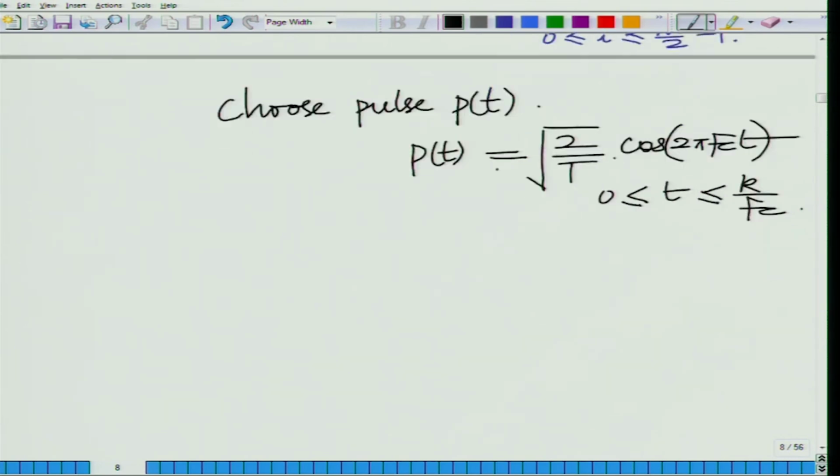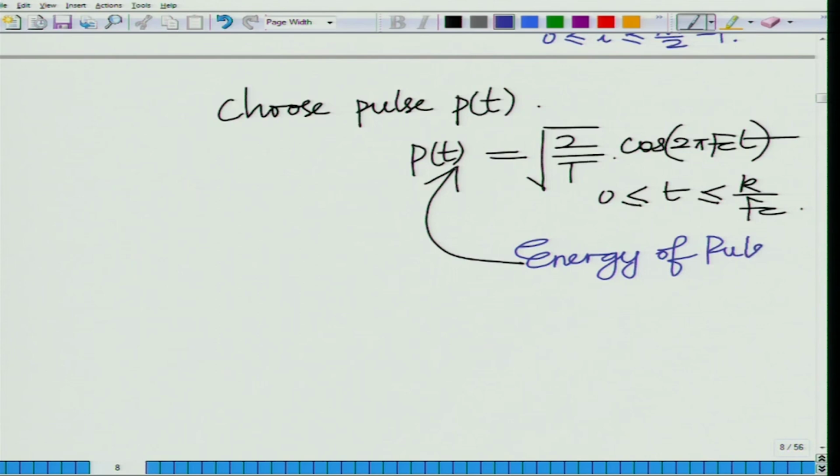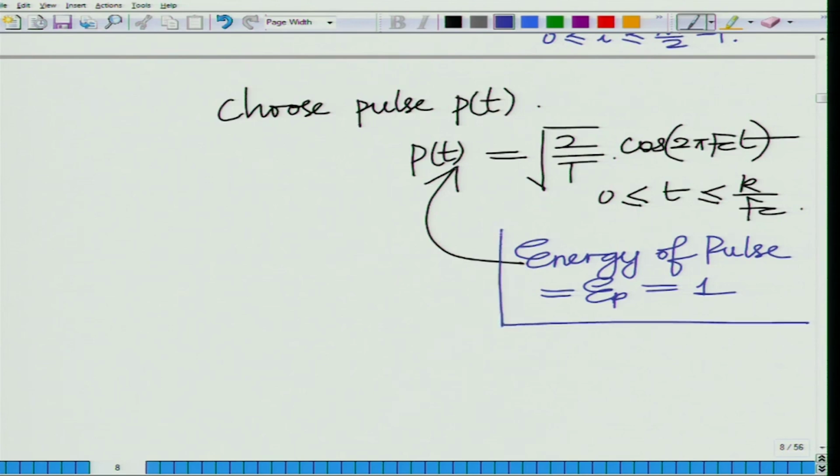We have seen that when you set the pulse like this, the energy of the pulse, E_p, equals 1. The energy of the pulse is unity.